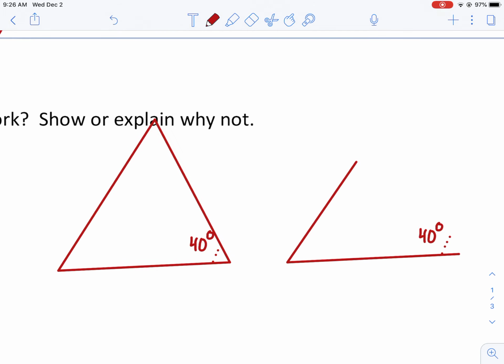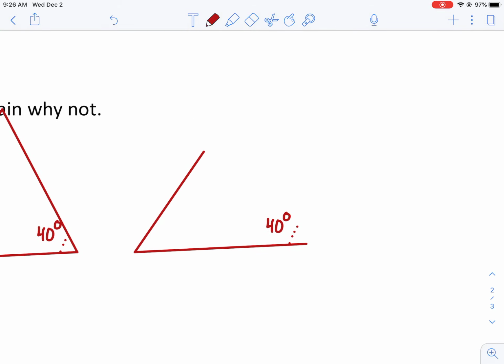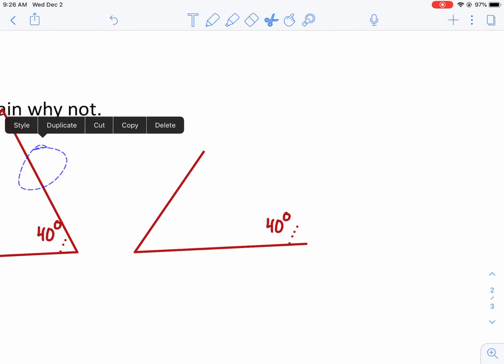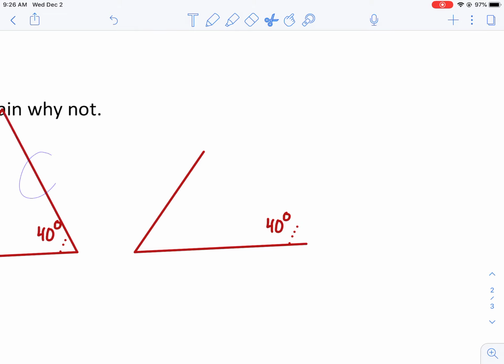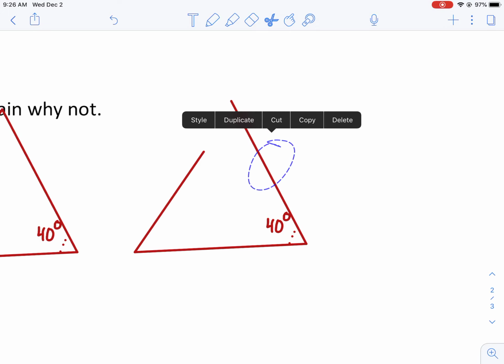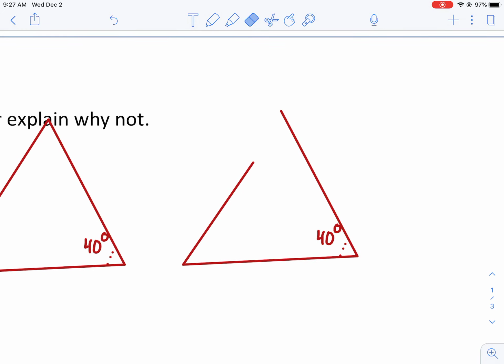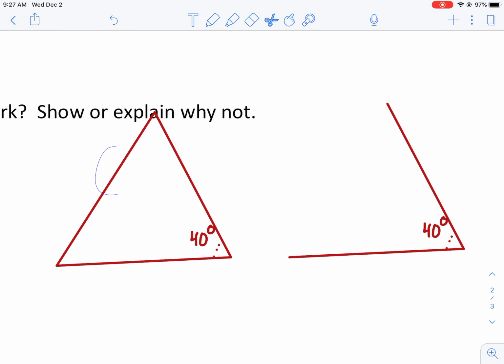So we can draw that triangle up there. So I need to copy this side. This is the first time that I'm doing this, so I'm trying to make it good. Then I'm going to copy this side and show you that everything is the same, except I can make a different triangle.